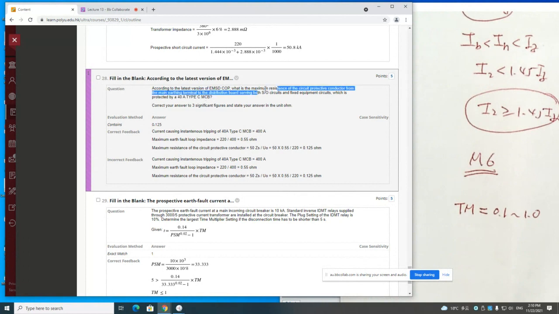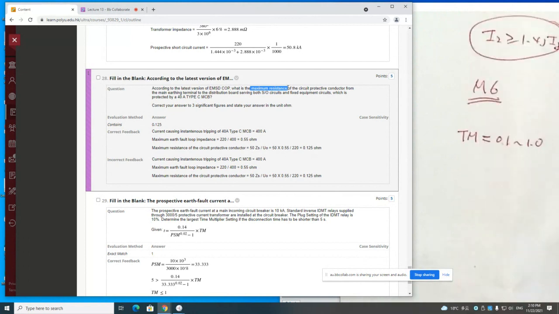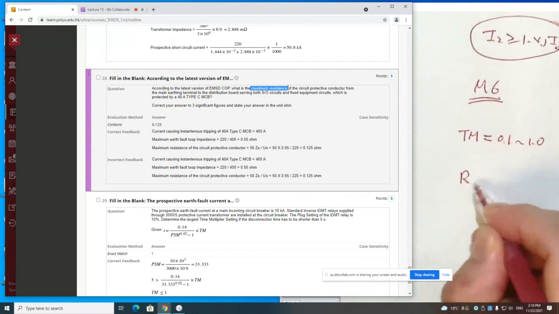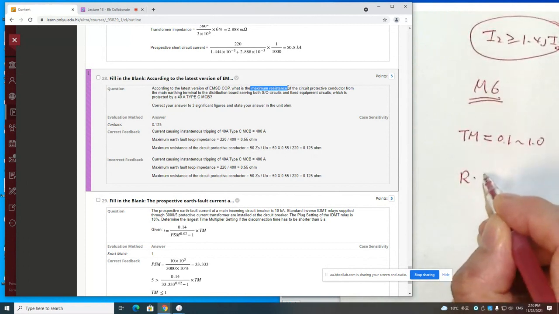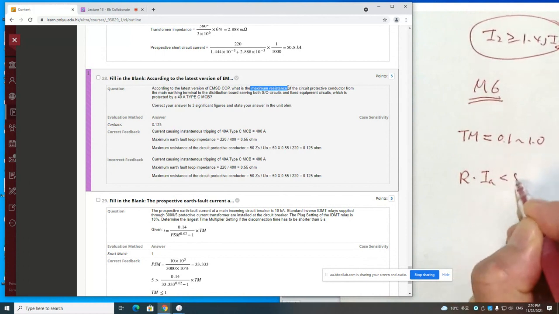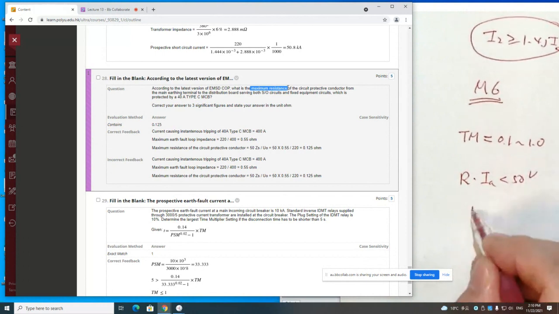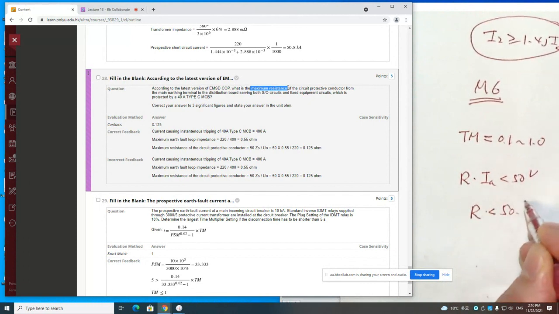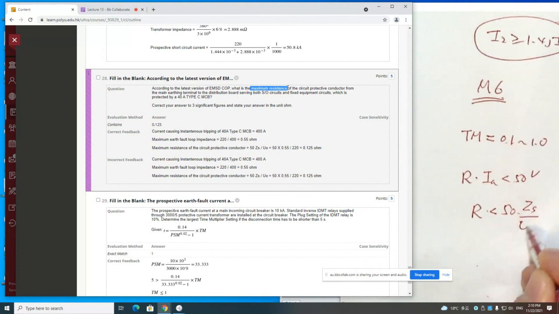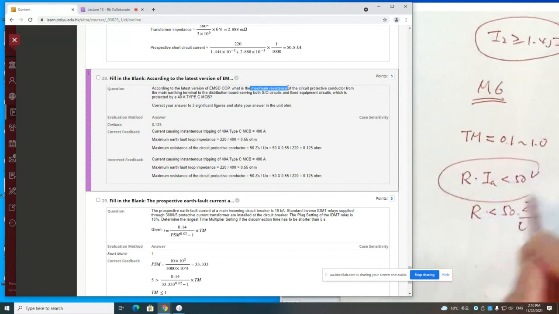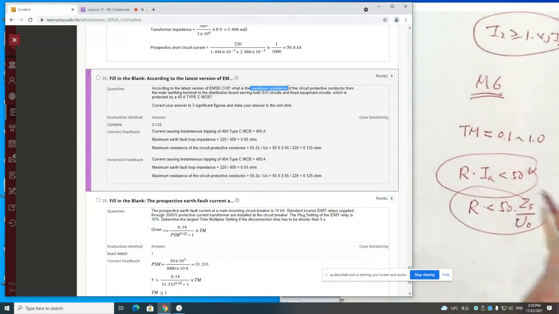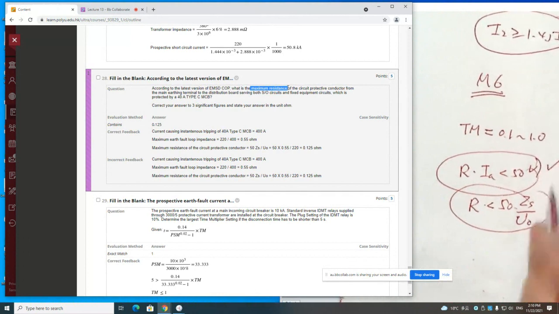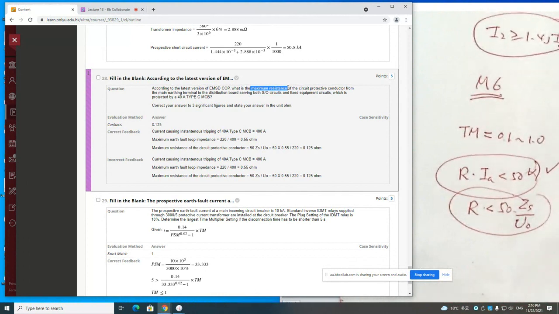So we just use the requirement: R times IA should be less than 50 volts, or Zs over U0. Either one is fine. What I suggest is to use the first one, which is easy.